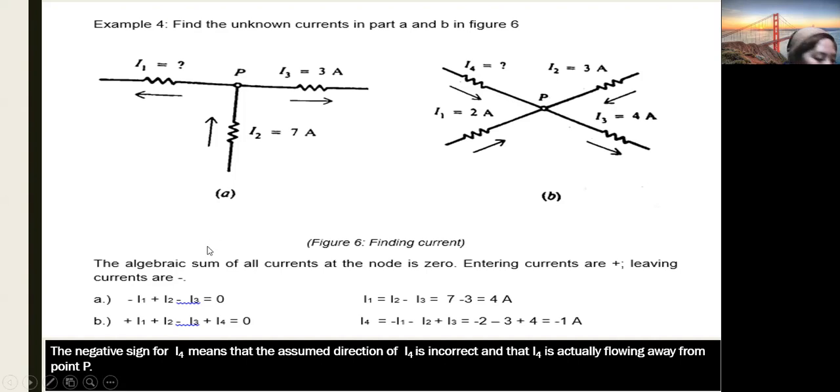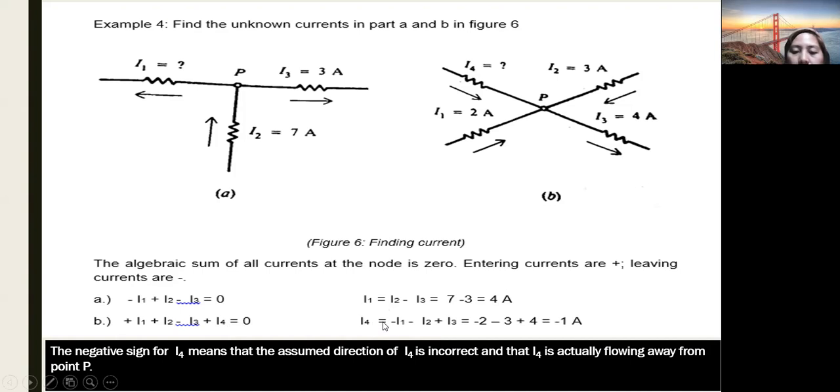Question to Angelina: why is I1 positive, and I2 including I4, whereas for I3 it's a negative sign? Same as what we did in letter A, transposition.